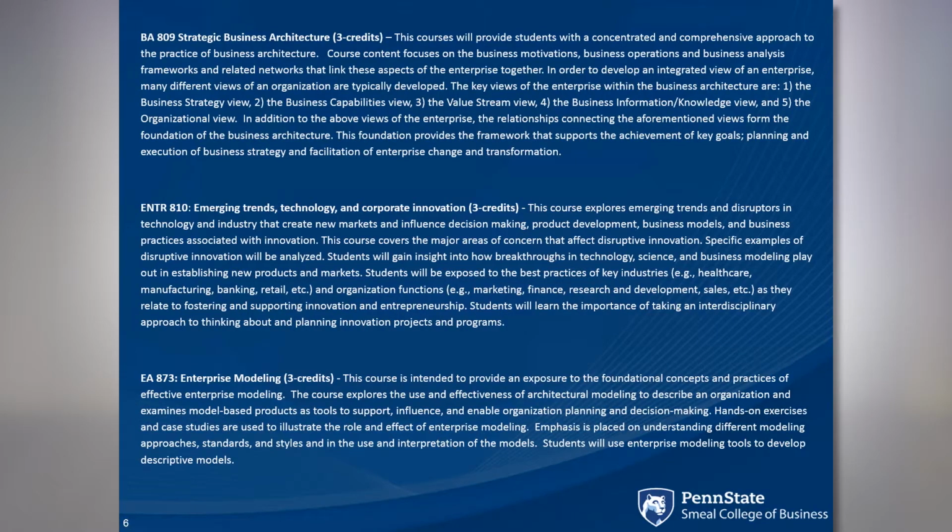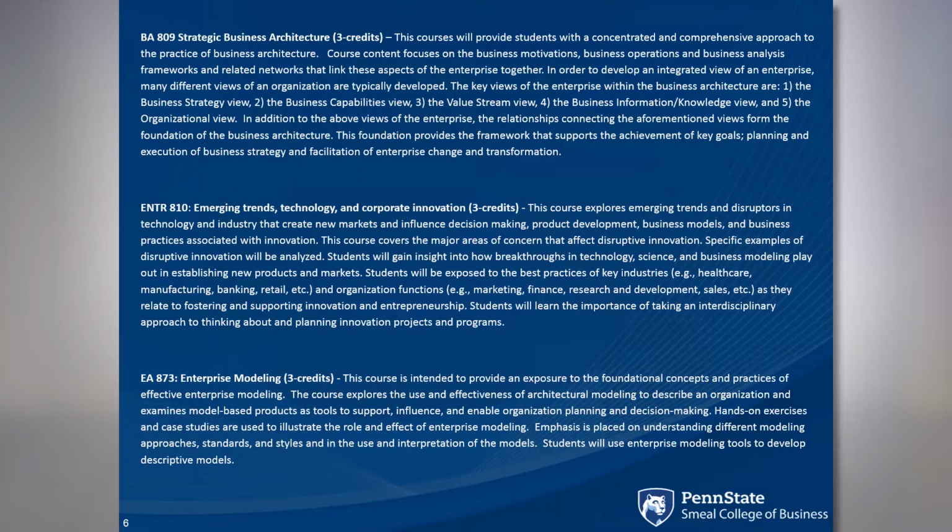So in the certificate, we have 3 courses. It's a 9-credit certificate. The 3 courses are listed on this slide. One of the courses is BA 809, Strategic Business Architecture. In this course, we take a look at how strategy is typically developed in many organizations, and the role of business architecture in strategy development and execution.